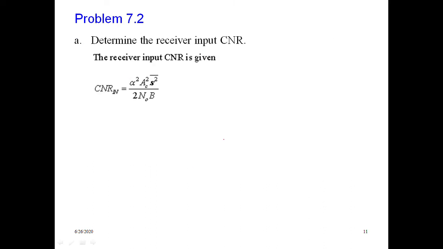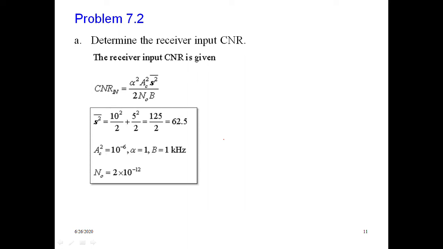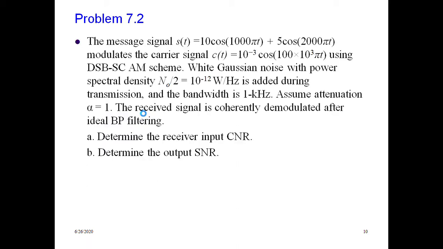You memorize the formula and then you identify the signal. Here is the tricky part, where we have to calculate the S squared bar. S squared bar is equivalent to the average of the signal amplitude. If there are two signals, just now it is 10 and one more is 5, taken from here.